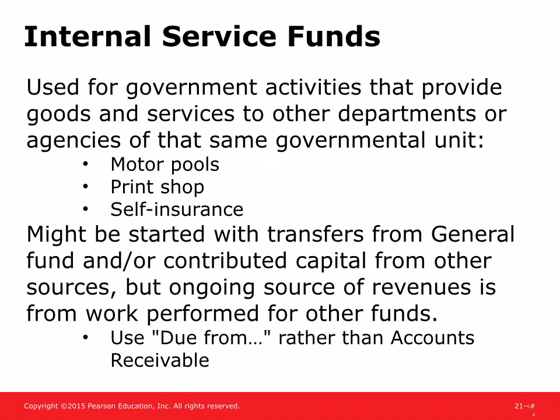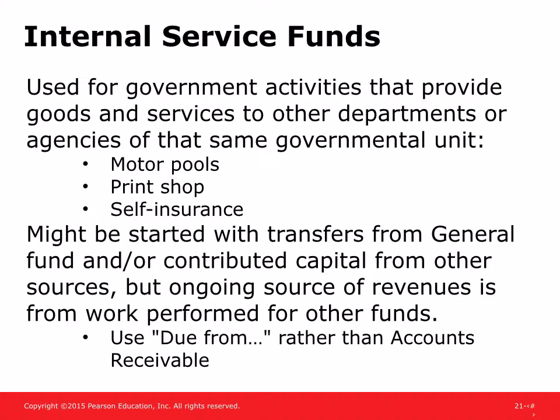So the revenue charged would generally be charged to other funds within the governmental entity, but you would see here, as the bottom bullet point says, instead of accounts receivable, you're going to have an account that would say due from whatever other fund it's due from.